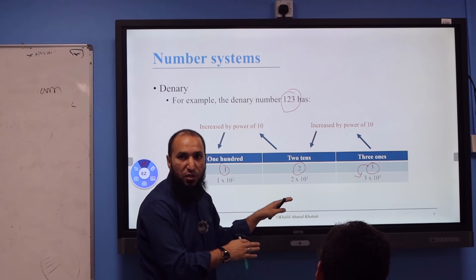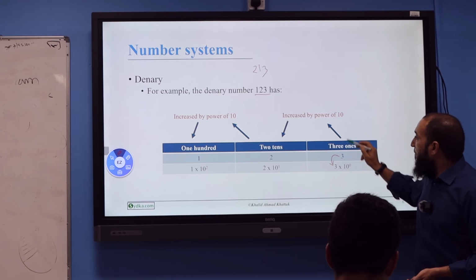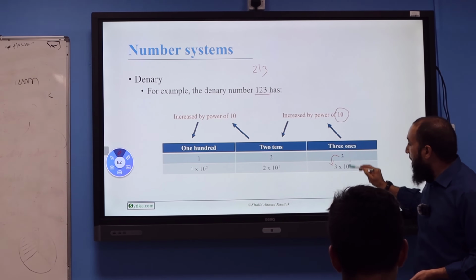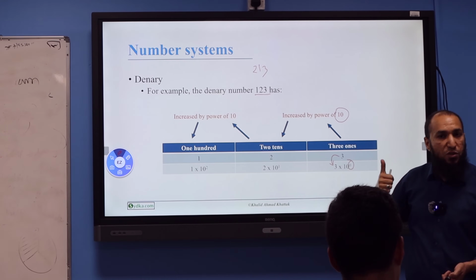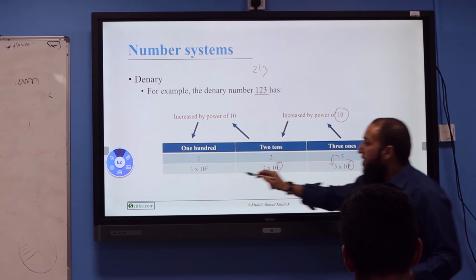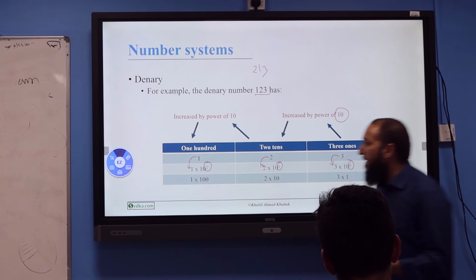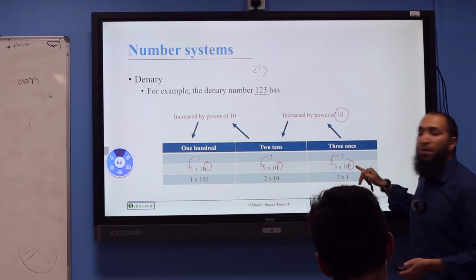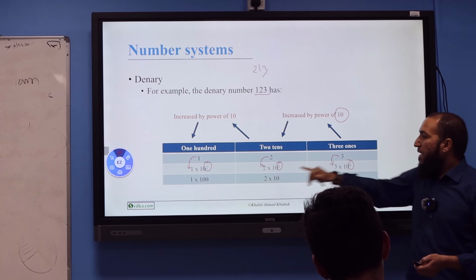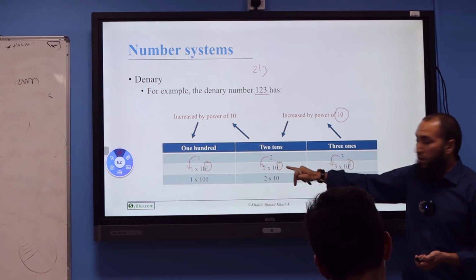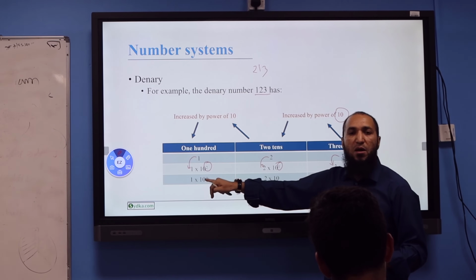Pay attention. Remember we said it increases by powers of 10. In computer science, we start with zero: 10 to the power of 0, 10 to the power of 1, 10 to the power of 2. So we simply multiply. Anything to the power 0 is 1, 10 to the power 1 is 10, and 10 to the power 2 is 100.